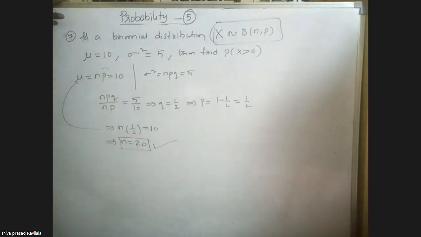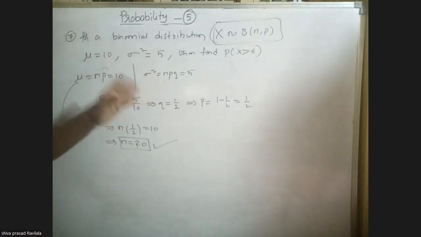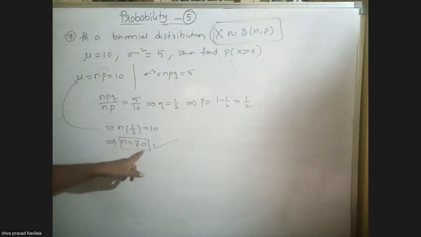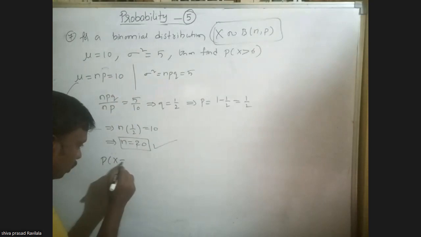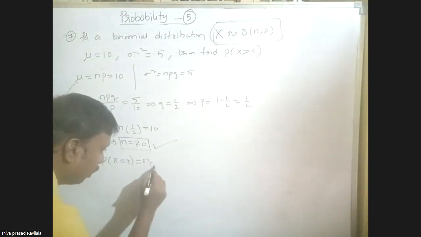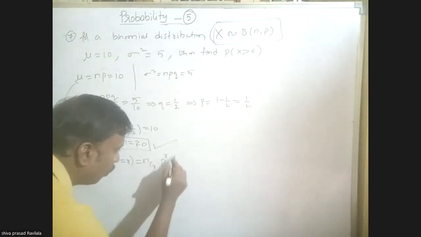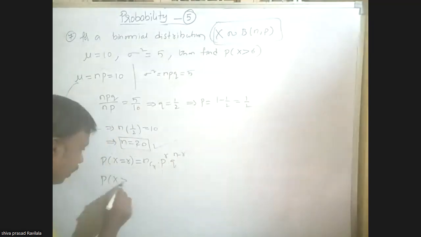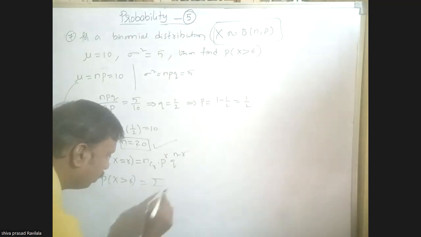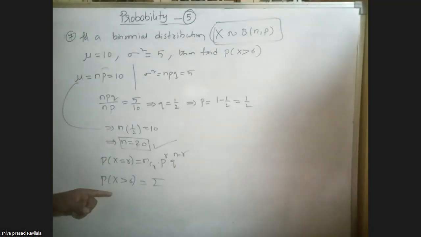They ask what? Probability of x greater than 6. We should write all values, but the summation condition they will give. X greater than 6 means you take values from 7 to the last value. Probability of x equal to r is nCr into p power r into q power n minus r. Don't worry. To apply here probability of x greater than 6, we give summation, beginning with 7 to 20.